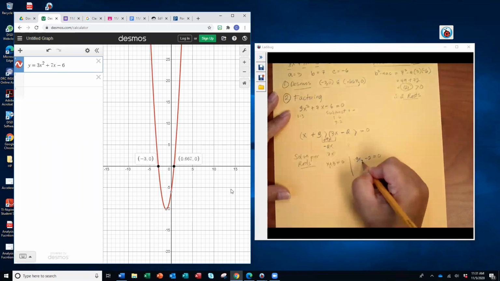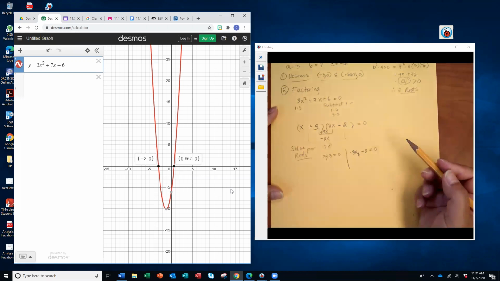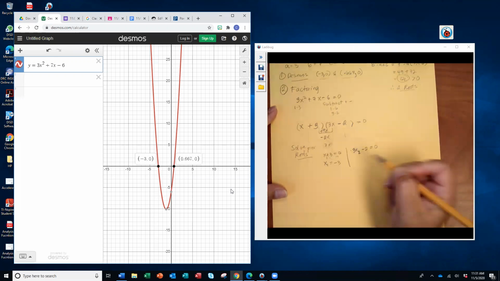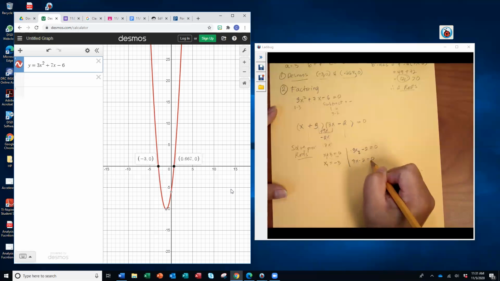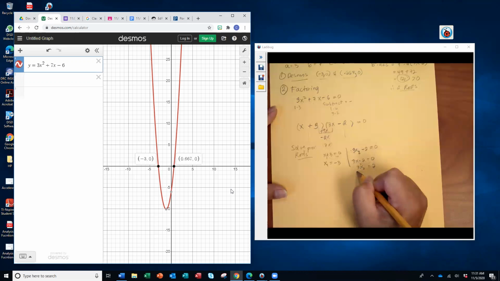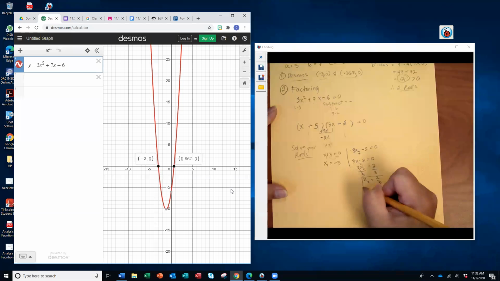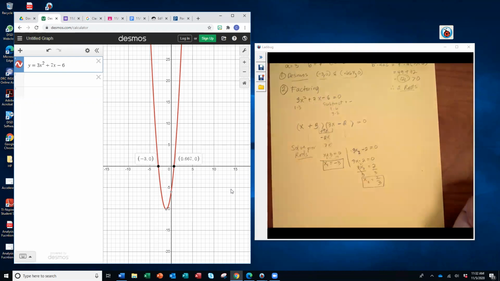I write subscripts 1 and 2 because they're different x values. You can't use the same x when they're different values. x sub 1 equals minus 3. For 3x minus 2 equals 0, you move the 2 over, so 3x equals 2. Divide by 3 to isolate the x value. You get 2/3. That is your value for x.